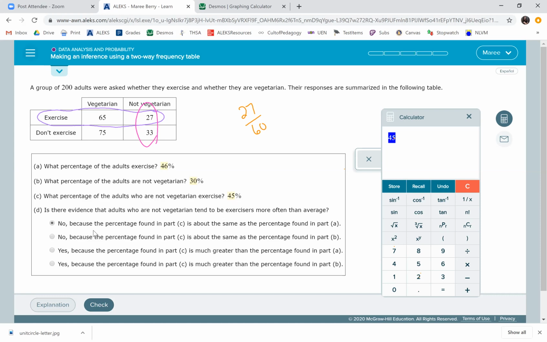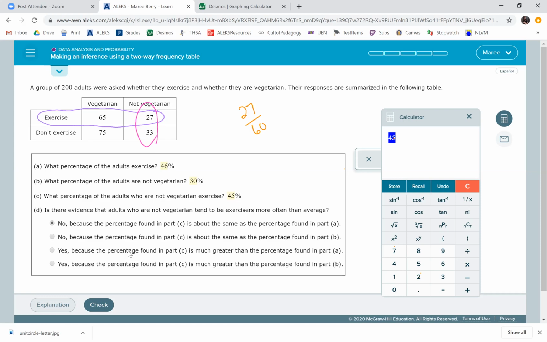So it would be no, because the percentage in part C is about the same as the percentage found in B. Not vegetarian. No, we want the first one.